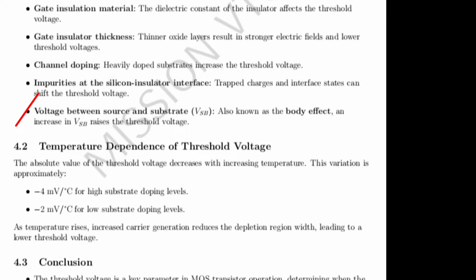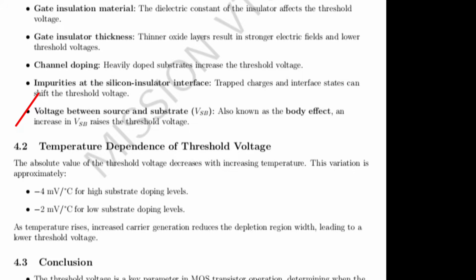Next one is the body effect, that is voltage between source and substrate. Increase in VSB, the voltage between source and substrate, raises the threshold voltage.